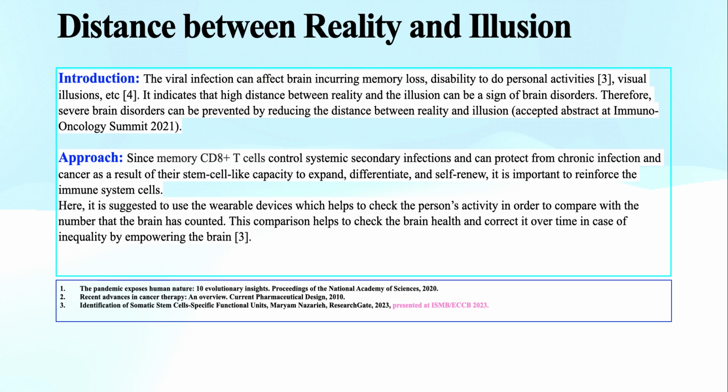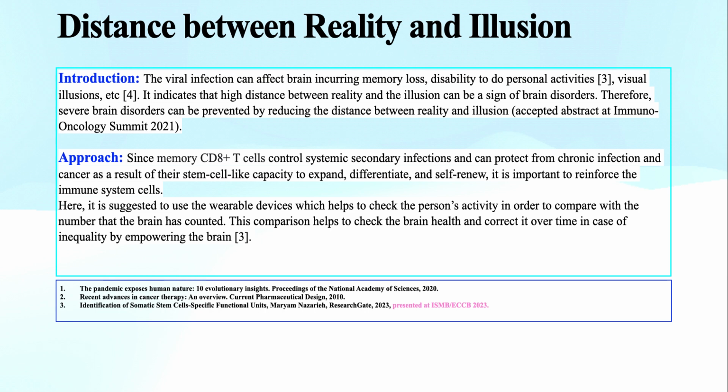The viral infection can affect brain, incurring memory loss, disability to do personal activities, and so on. It indicates that high distance between reality and illusion can be a sign of brain disorder.